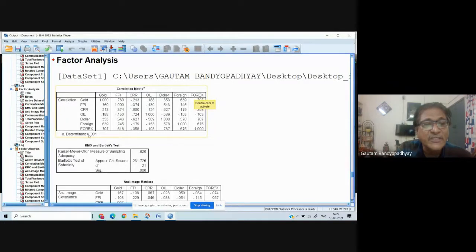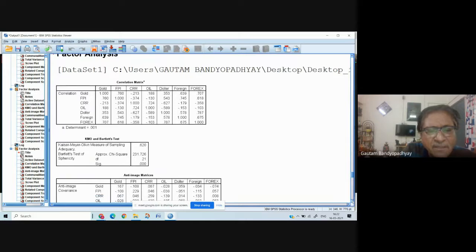The question is why? Because the determinant tends to 0. This is your measure of sampling adequacy. I already told you if it is more than 0.5, it is okay, but if it is more than 0.6, it is average, not good sampling adequacy. The Bartlett test p-value is satisfied, because p less than 0.05 means H0 is rejected.